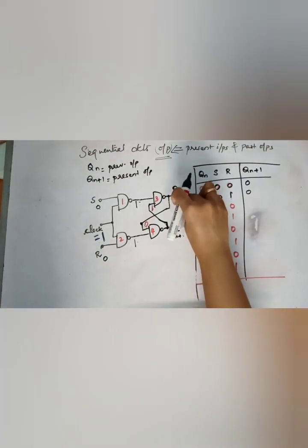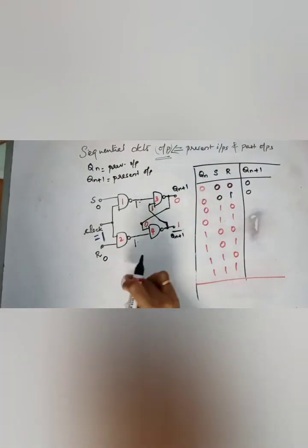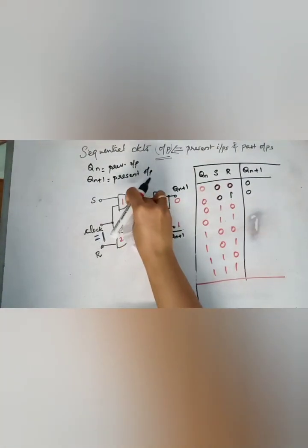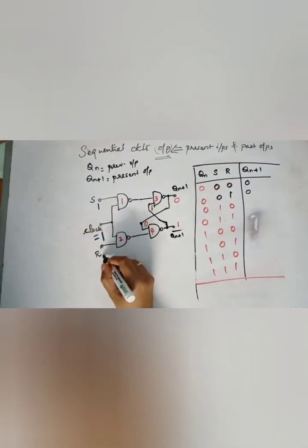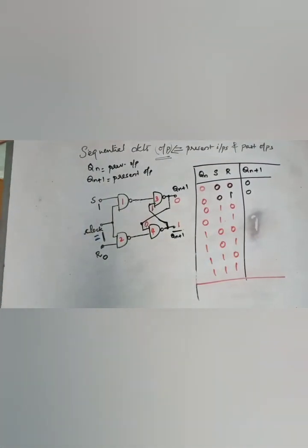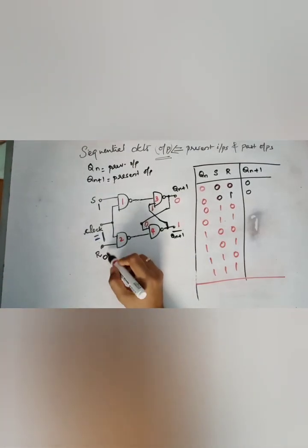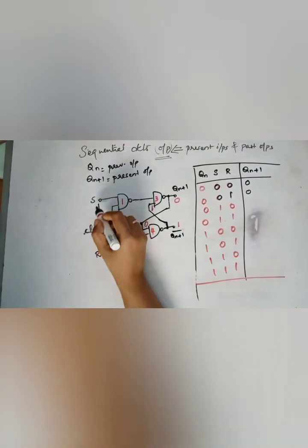Now again the output is 0 itself. I am just changing S and R. S I am giving as 1 and R I am giving as 0. 1, 0, here it is 1. 1, 1, here it is 0.